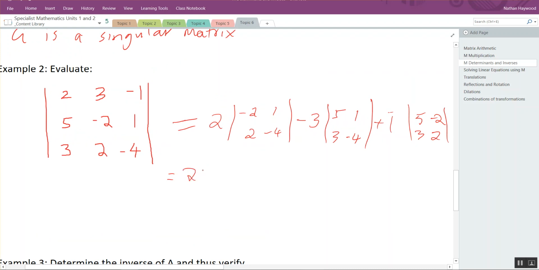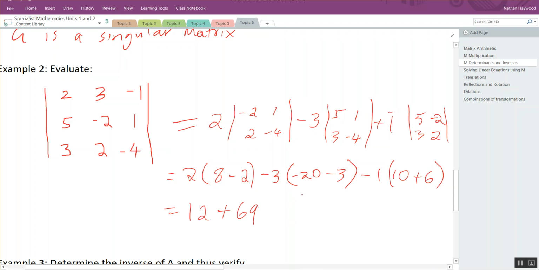So 2, 8 minus 2, minus 3, 6. Okay? 2 times 6 is 12. AD minus BC.